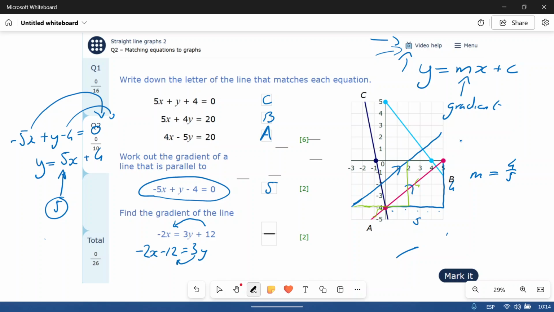So we're going to have minus 2x minus 12 divided by 3. Which means we divide everything by 3. We divide the minus 2x by 3, so it's minus 2 over 3 x, and we divide the minus 12 by 3, so that would be minus 4 equals y.